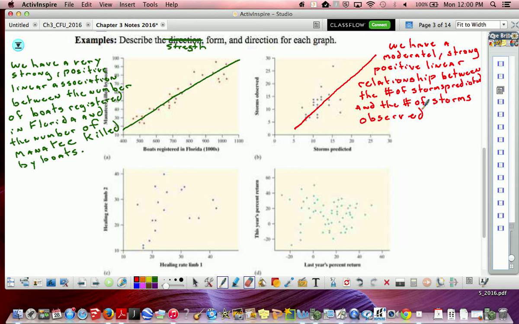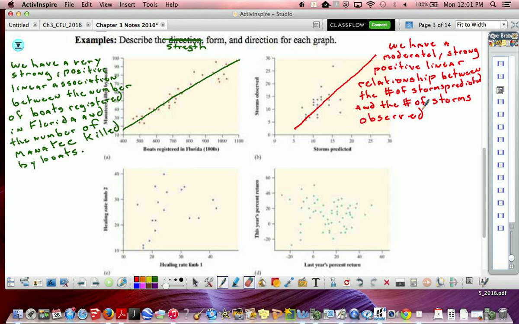So again, we have a moderately strong positive linear relationship between the number of storms predicted and the number of storms observed. We've seen three examples where it's been strong, strong, strong.